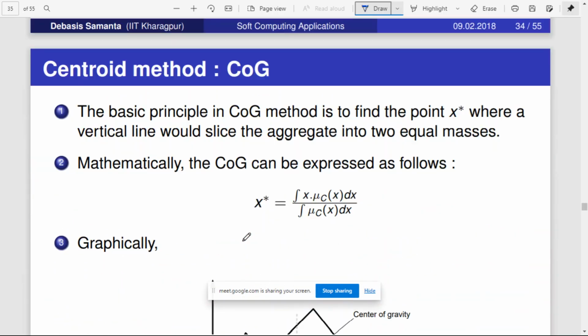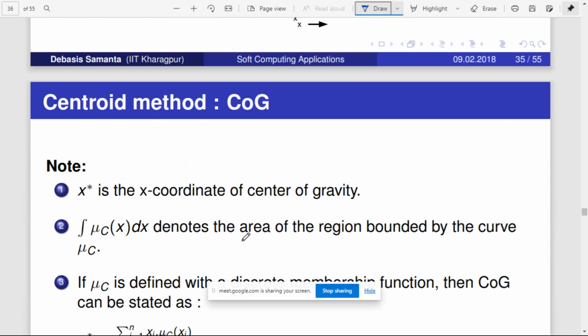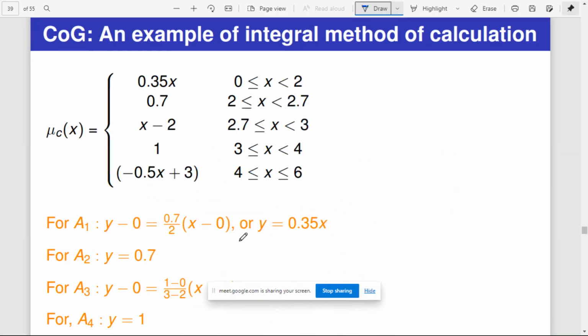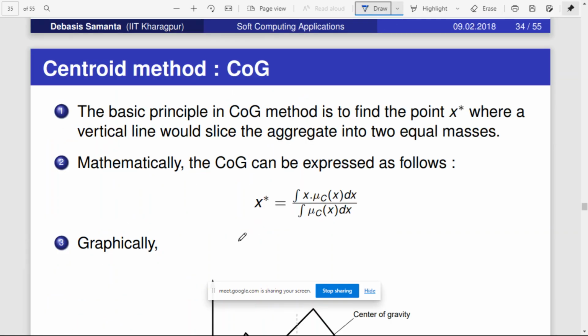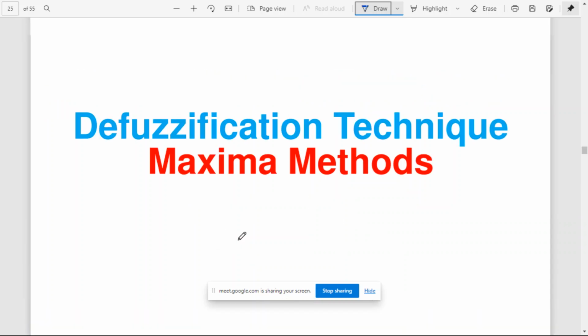So first, here is the maxima method. These are the techniques we have: maxima method, centroid methods, and weighted average method.